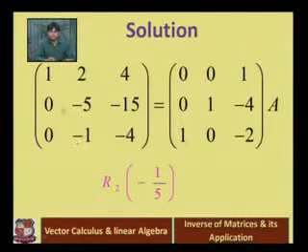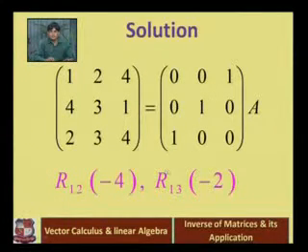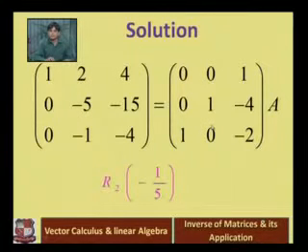The result is [1 2 4; 0 -5 -15; 0 -1 -4]. We use the same operations on the identity matrix. After doing the operations R2 - 4R1 and R3 - 2R1, the identity matrix also becomes [0 0 1; 0 1 -4; 1 0 -2].